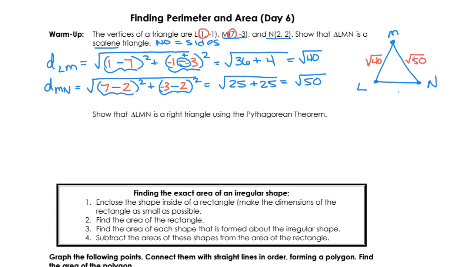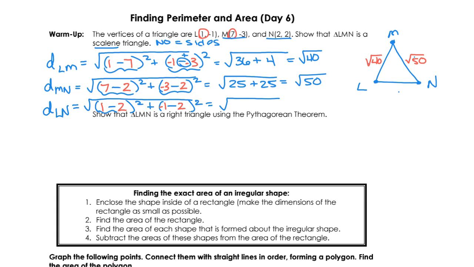All right, we have one more side, guys, to find the length of, and that's the distance of, let's go with LN. And we have 1 for our x-coordinate and 2 for our x-coordinate, -1 for our y-coordinate, and 2 for our y-coordinate.